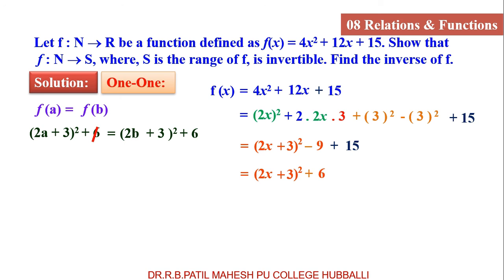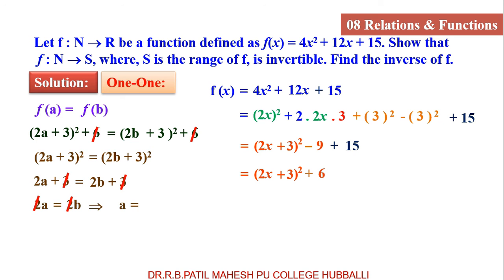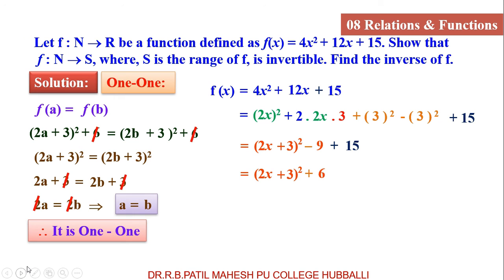Plus 6 cancels. (2a plus 3) the whole square is equal to (2b plus 3) the whole square. Squares cancel. 2a plus 3 equal to 2b plus 3. 3 cancels. 2a is equal to 2b. Dear students, a is equal to b. It means that images are equal, elements are equal, the function is a one-one function.